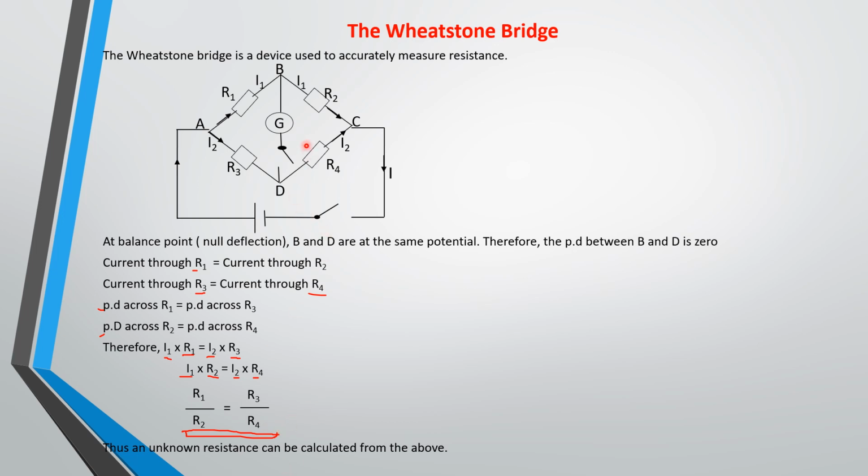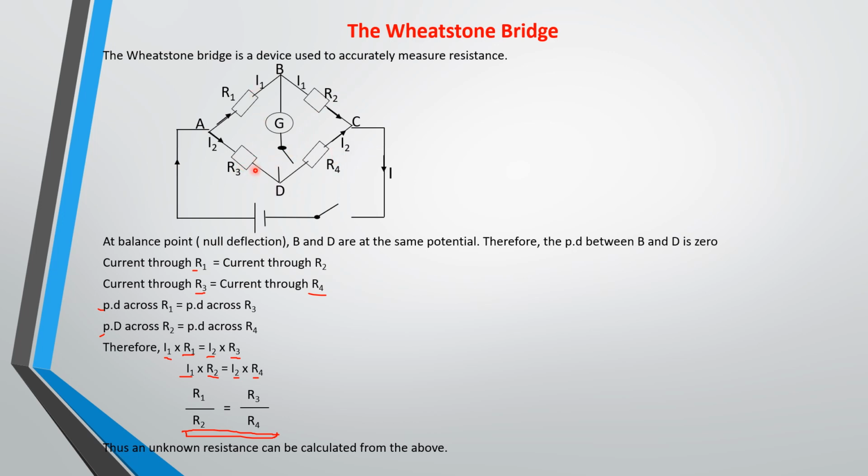So you need to know that when you have your Wheatstone Bridge diagram, always look at this line. When you look at this line, it is from this divide that you will know that this resistor is parallel to this and this is parallel to this. I mean, this is in series to this, and this one is in series to this.